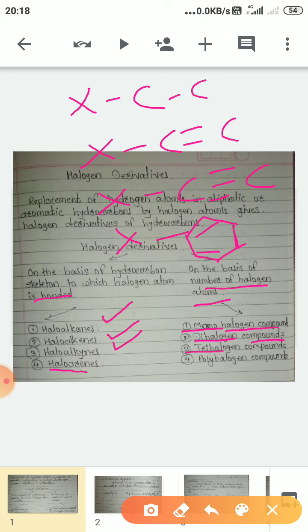If three hydrogen atoms are replaced by three halogen atoms, then they are called trihalogen compounds or trihalogen derivatives. And the fourth one, polyhalogen compounds. That means if more than three hydrogens are replaced by halogen atoms, then such compounds are called polyhalogen compounds.